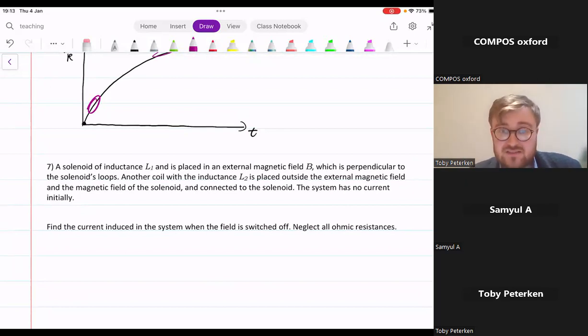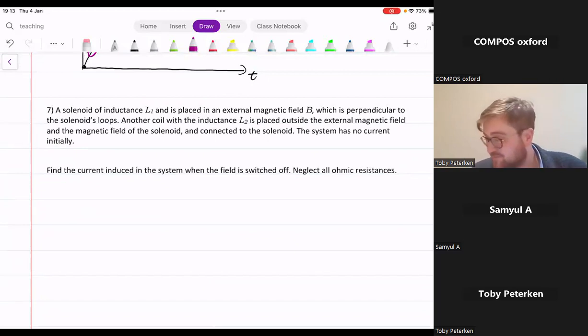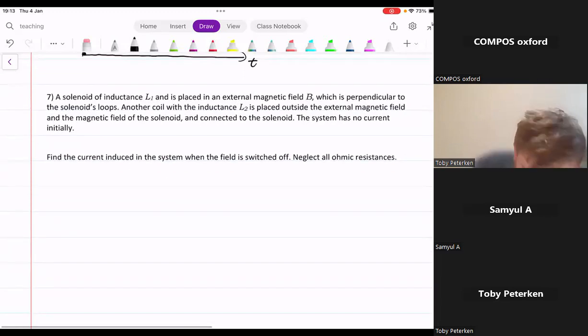Okay. Let's move on to the last question, which is very similar to one that's in your sheet. So we have a solenoid of inductance L1, which is placed in an external magnetic field. We have a circuit.